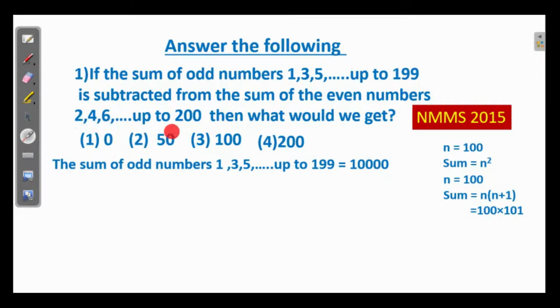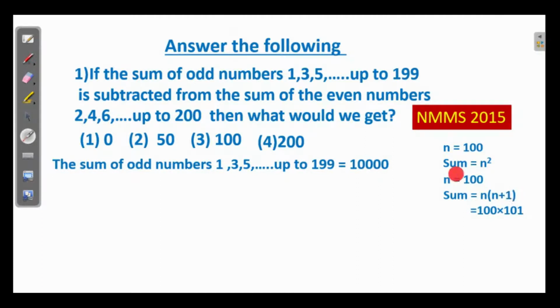2 and 200, 202. Average of 2 and 200 itself is the average of all these terms that we have learned in detail when we learned about average of even numbers. So it is 101. Average is n plus 1 and number is n, and the sum is number into average, n into n plus 1.